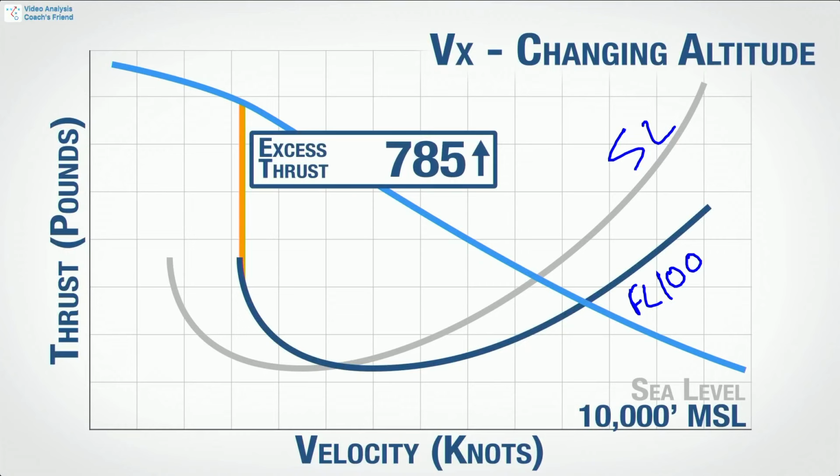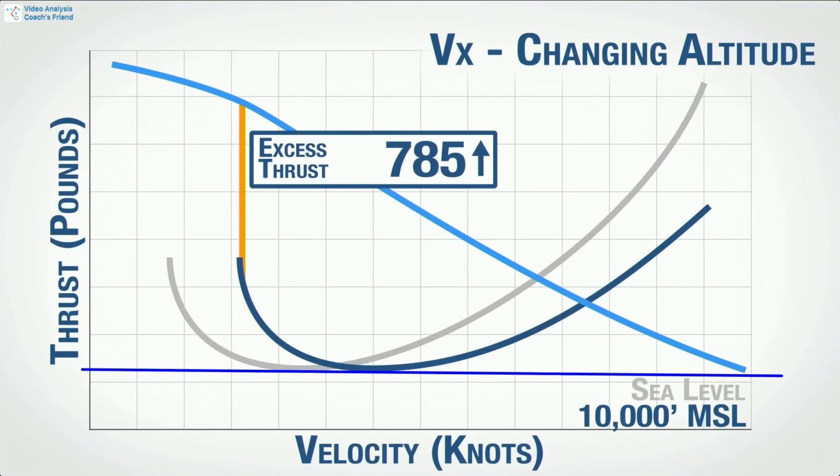And what you've noticed is they sit on a perfectly flat line. Changing altitude doesn't change the minimum amount of drag for the airplane, but it does change the shape of the drag curves. So essentially, you can think about it this way.